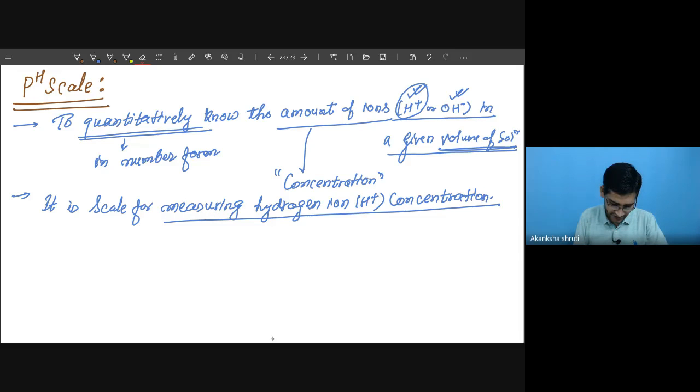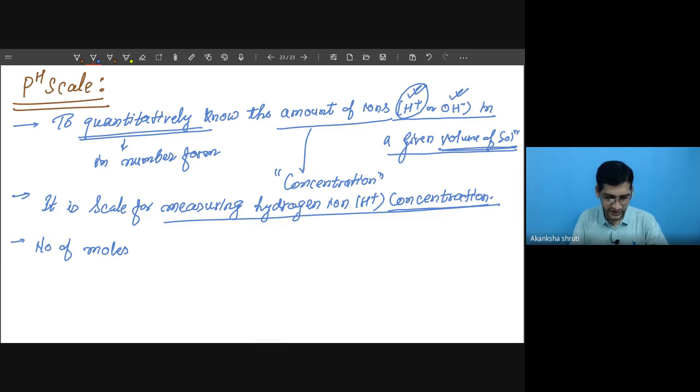This can simply be written like this: it is the number of moles of hydrogen ion in unit volume of the solution. You have used the term moles, because this way the definition is asked in NTSE.